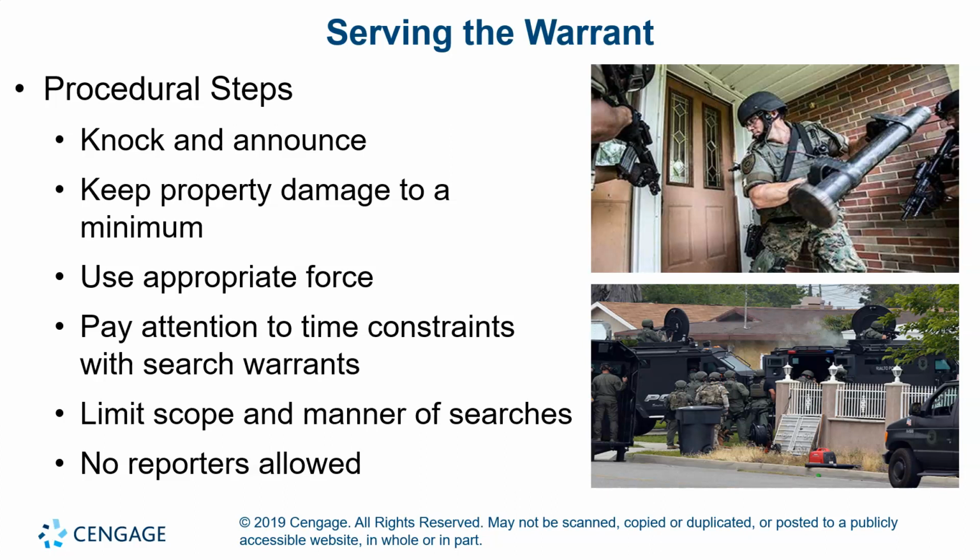So that's the rationale for that. Now on page 300 in your textbook at the bottom, it talks about the 3 warrant requirements: probable cause, the neutral and detached judge, and then that particularity requirement.